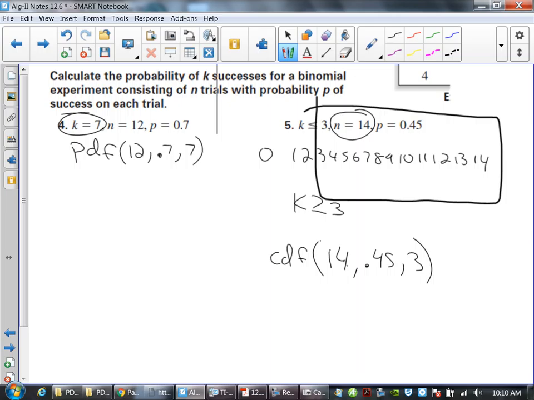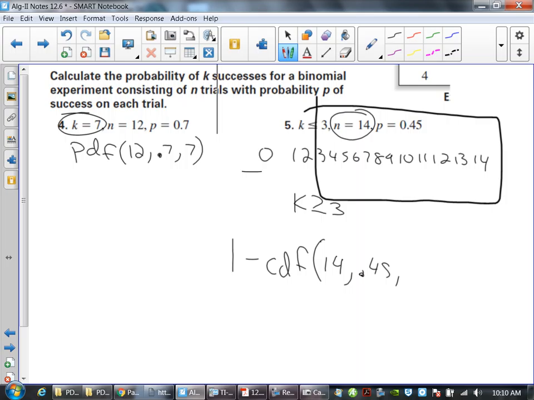Now, here's how you would do a greater than or equal to. A greater than or equal to is still going to be used as CDF, but you're going to use the complement. For a greater than or equal to 3 with the same n trials and p-value, it's going to be 1 minus the CDF of, well, we still do the same idea, number of trials, 14, p-value of 0.45, but what's it going to add up to?